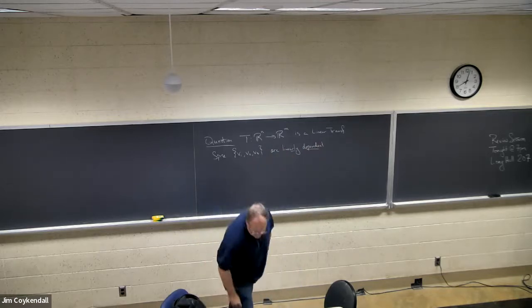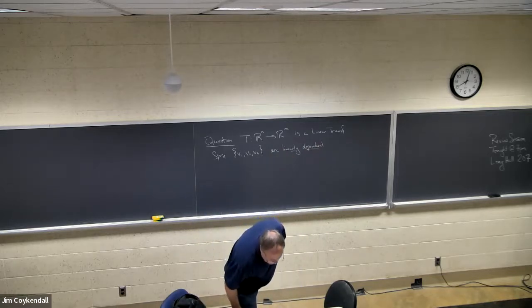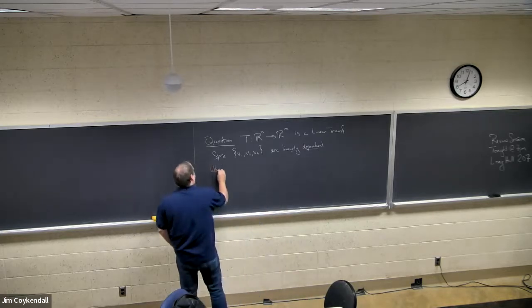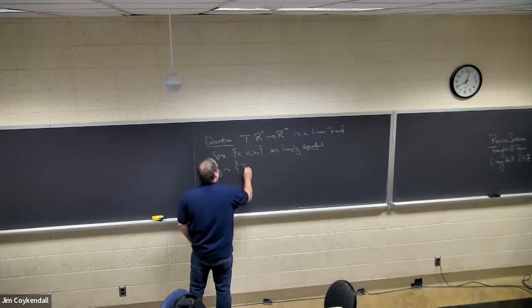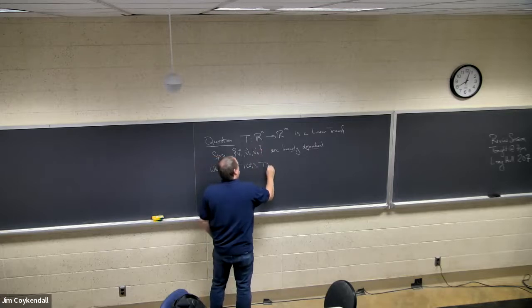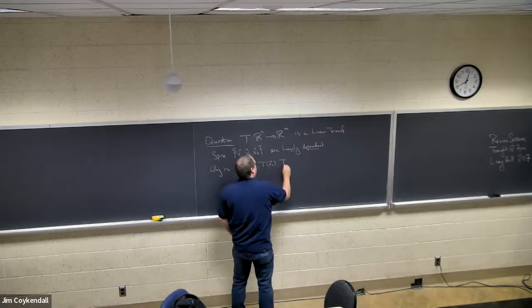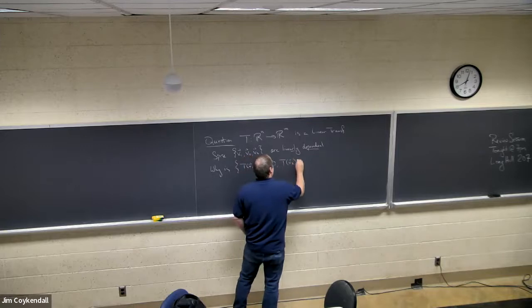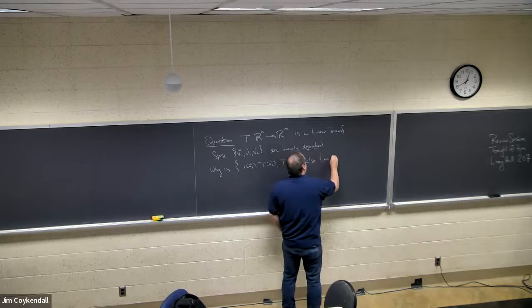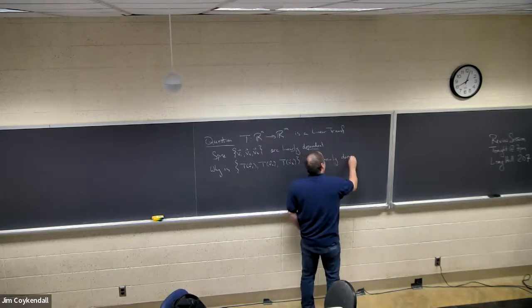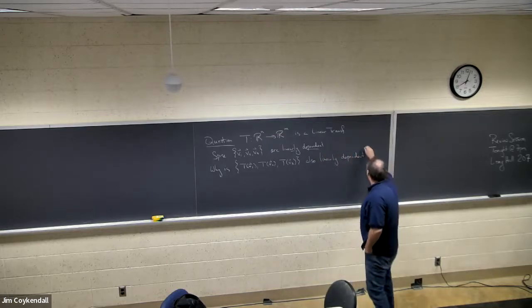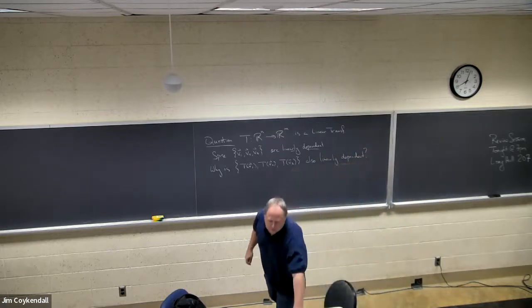Suppose they're a linearly dependent set. Explain why this set, T(B1), T(B2), T(B3), is also linearly dependent.